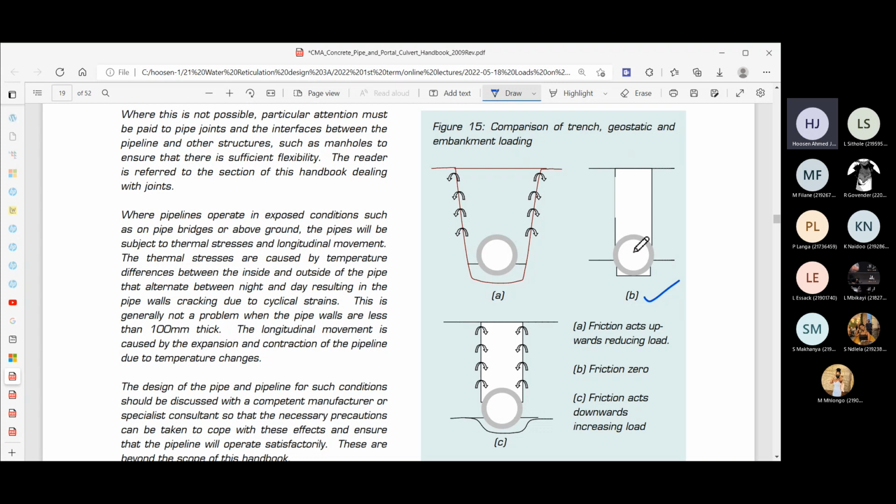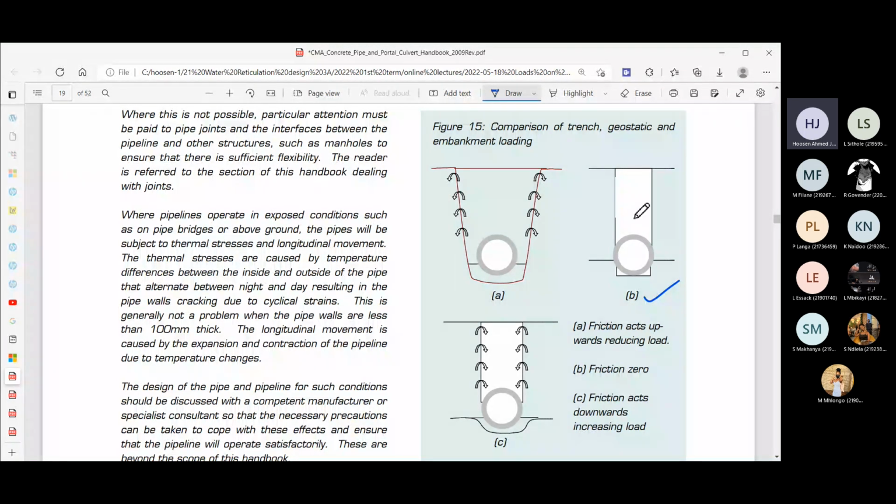Looking at this particular case, even if we assume there would be friction between the earth fill, the backfill, and the side walls, if the pipe is very rigid and does not yield at all, this soil has nowhere to go.